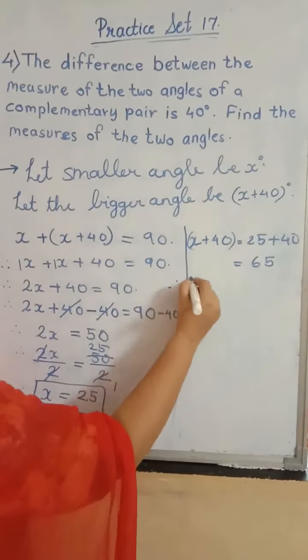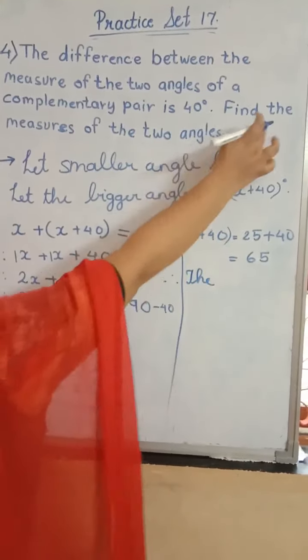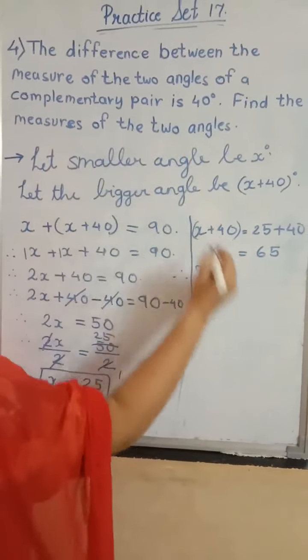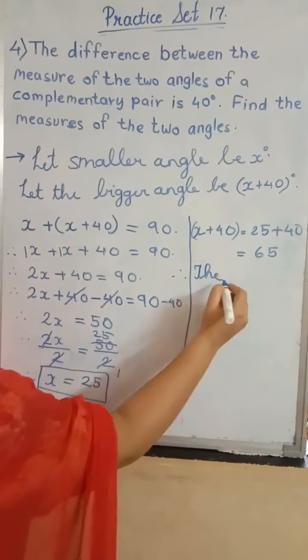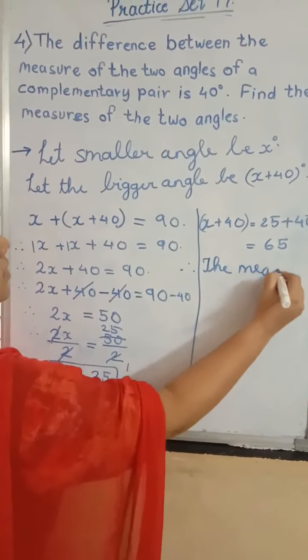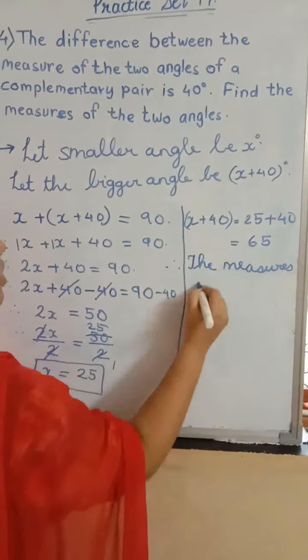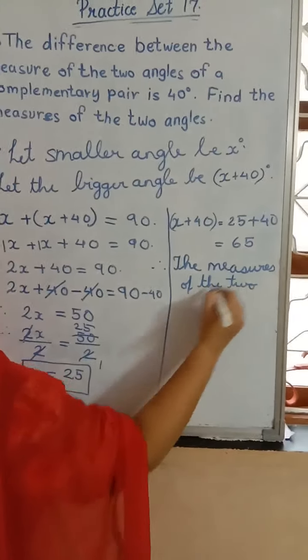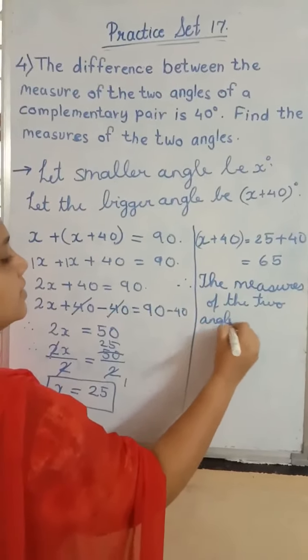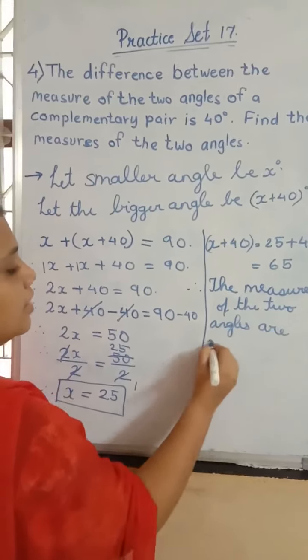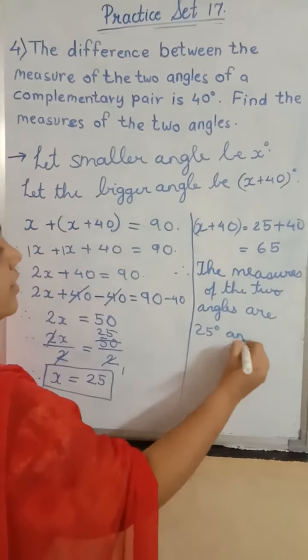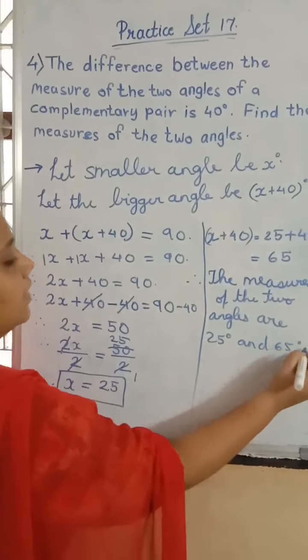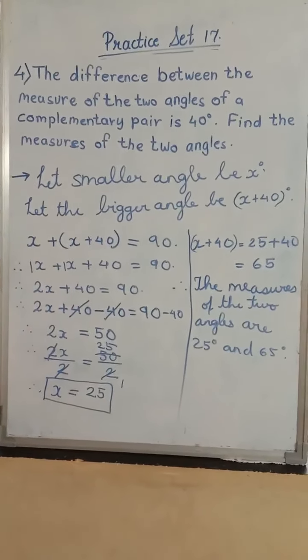Therefore our last statement: the measures of the two angles are 25 degrees and 65 degrees. Now you can recheck your answer.